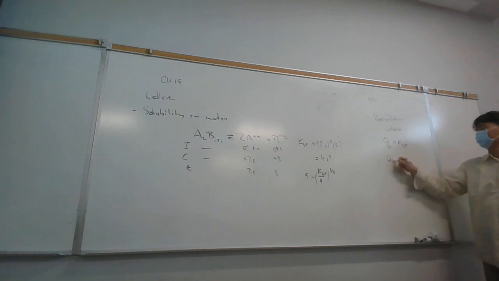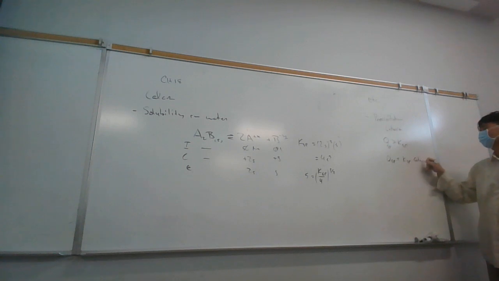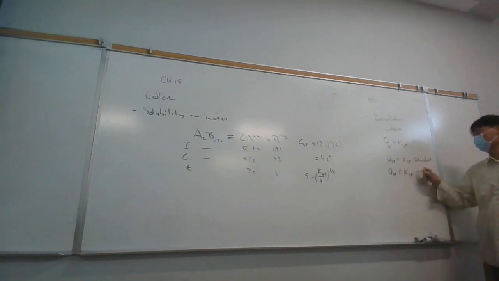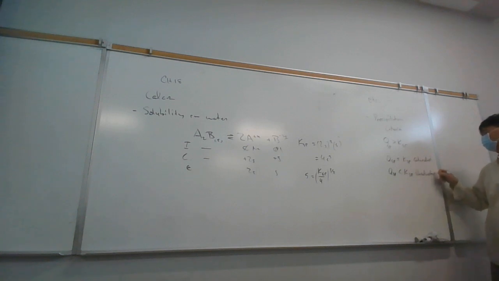If QSP is equal to KSP, we call that saturated, but it's not going to precipitate. If QSP is less than KSP, then it's called unsaturated. And so a saturated and an unsaturated solution will not precipitate.